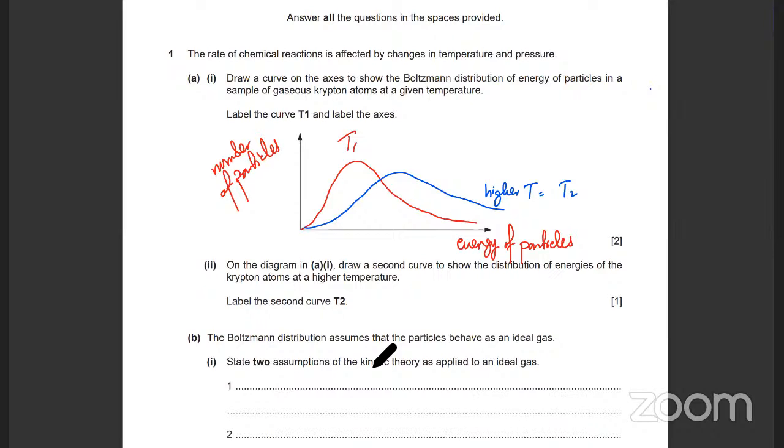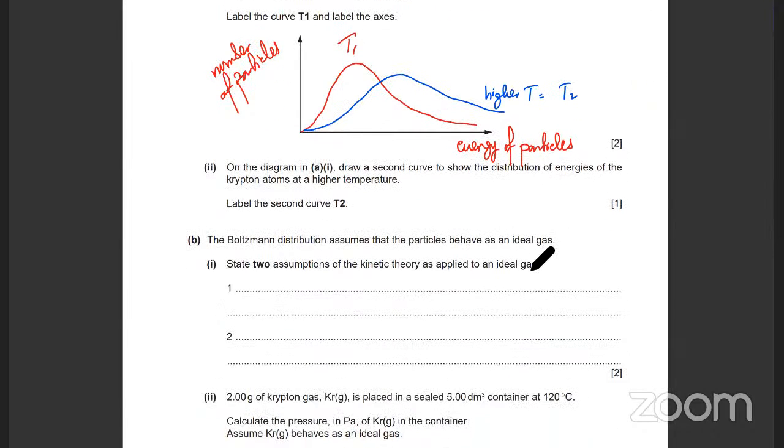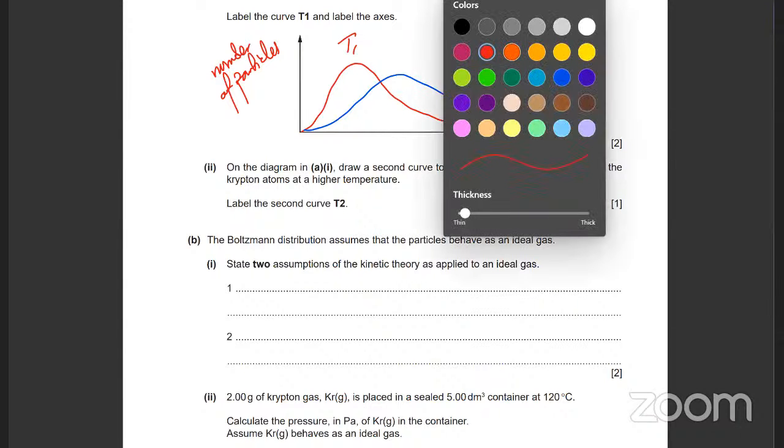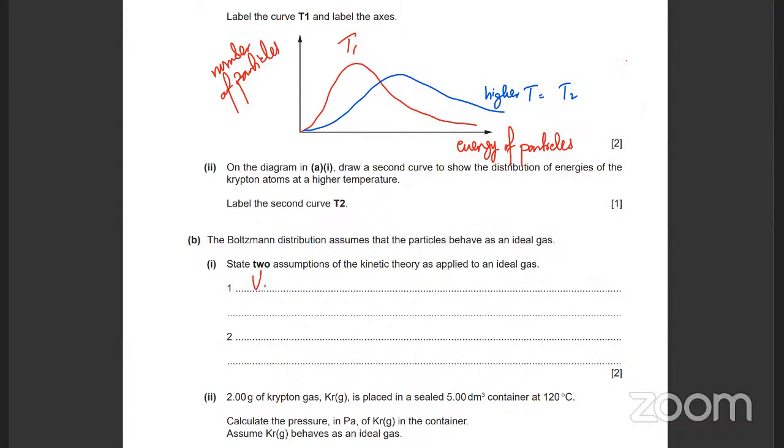The two assumptions of the kinetic theory as applied to an ideal gas. What are the two main assumptions? The volume of particles of a gas is negligible compared to the volume of the gas itself. So one is that the volume of particles is negligible compared to the volume that's occupied by the gas. What's the other one?